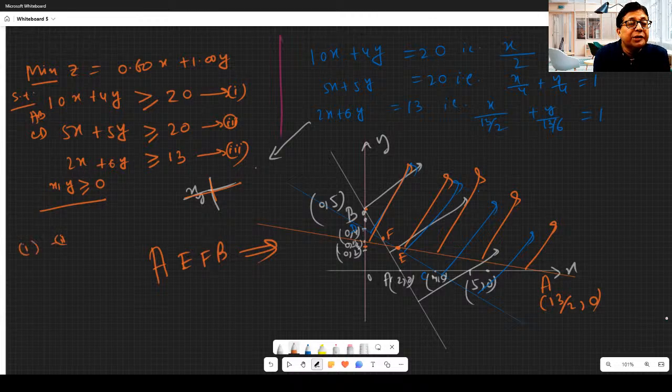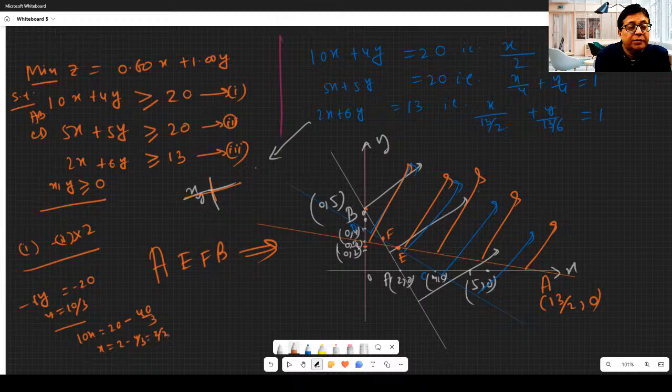In the exam you never show your calculation. Even if you have done it, never show the calculation. It will be cancelled at that moment. Okay? Graphical method only. 4 minus 10 minus 6y, y is 10 by 3, 2 by 3. So 10 by 3, 2 by 3 when we have solved AB and CD.